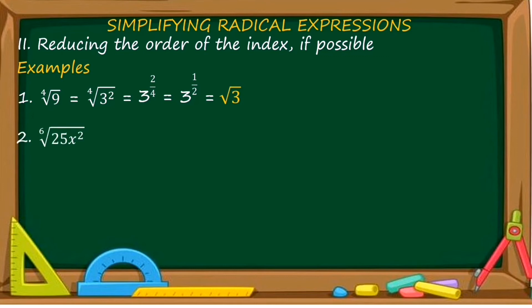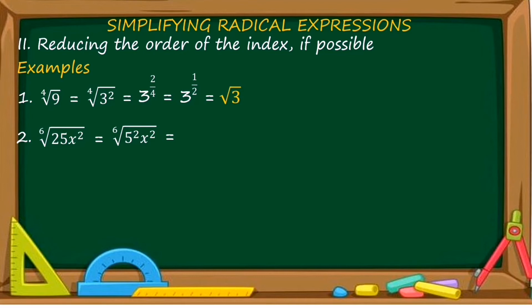Next, we have the sixth root of 25x squared. 25 in exponential form is 5 raised to 2. So, it is equal to the sixth root of 5 raised to 2, x raised to 2.